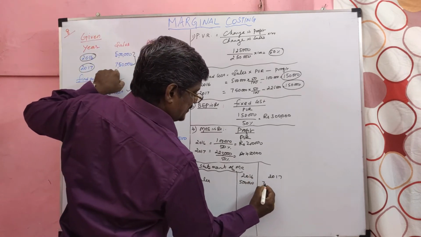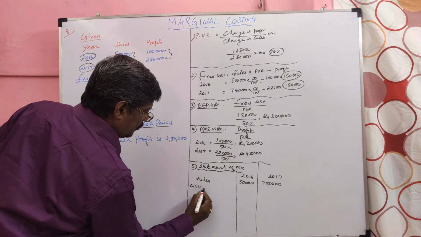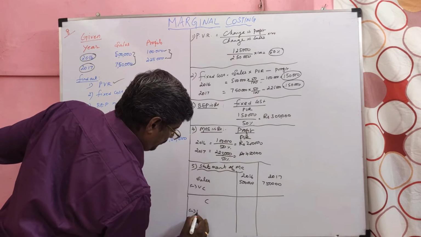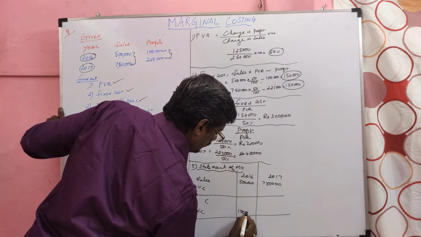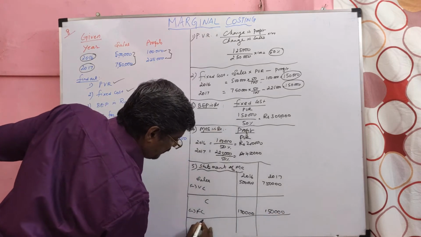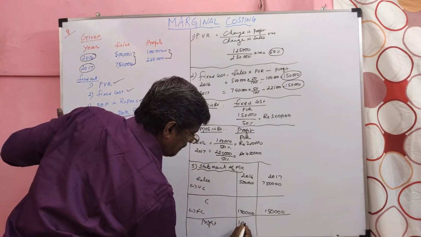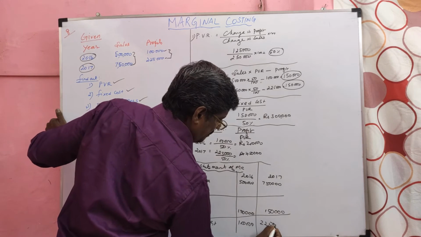For the second period, 7 lakh 50,000. Variable cost we do not know. Contribution we do not know. Fixed cost we know, each year 1 lakh 50,000. Profit is given in the question: first year 1 lakh, second year 2 lakh 25,000.